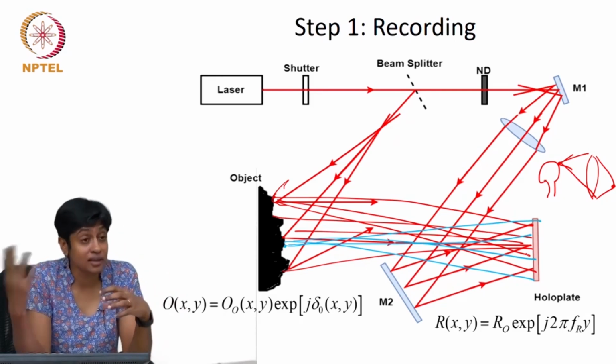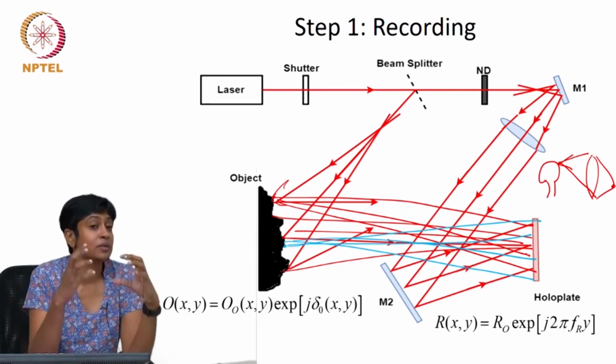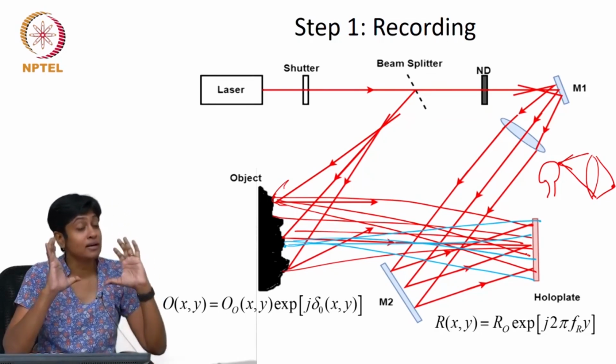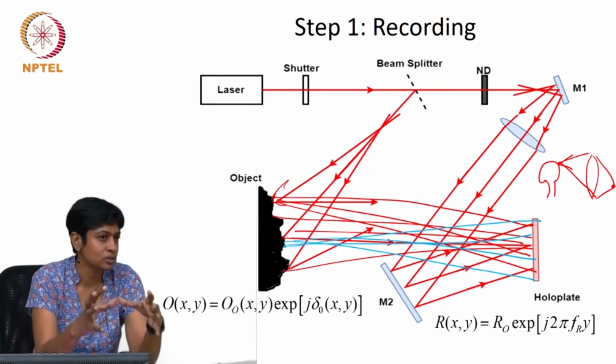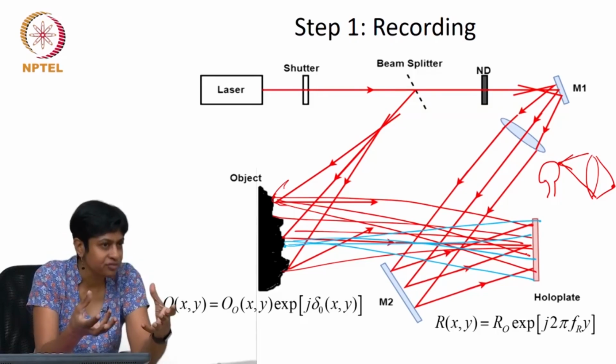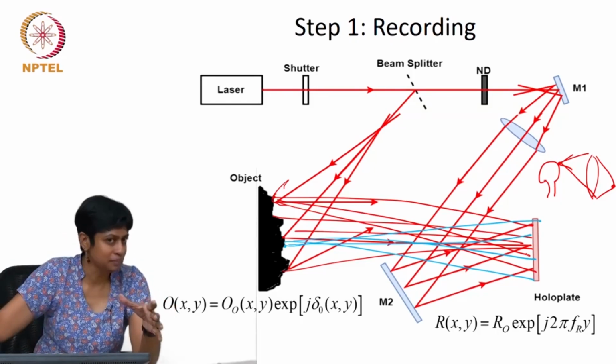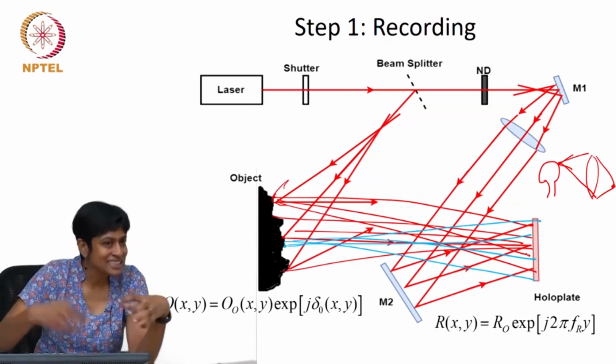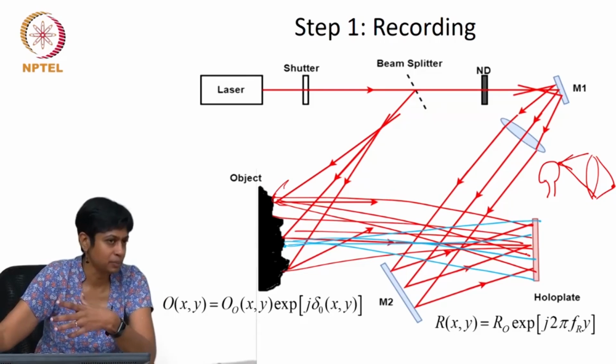Of course, when I reconstruct, I'm reconstructing with half a hologram. So if I could send so much light onto the system, I can only send half that light. So the intensity may go down, the brightness may go down, because less light is taking part in the process.